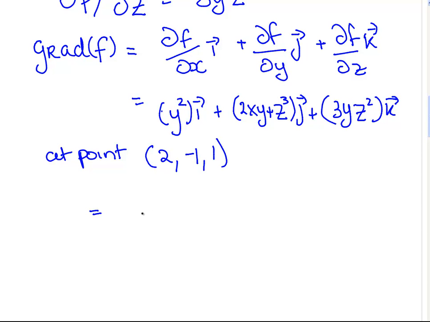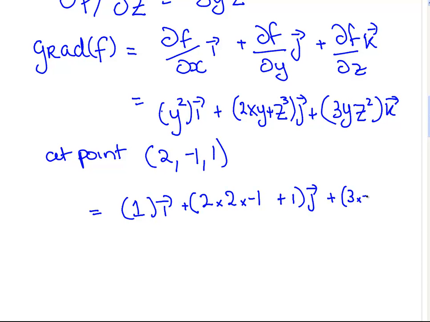Well, y squared is (-1) squared, so that's just 1, 1i. 2xy is 2 times 2 times -1, plus z cubed is plus 1, j, and 3yz squared, well, we have 3 times -1 times 1, k.